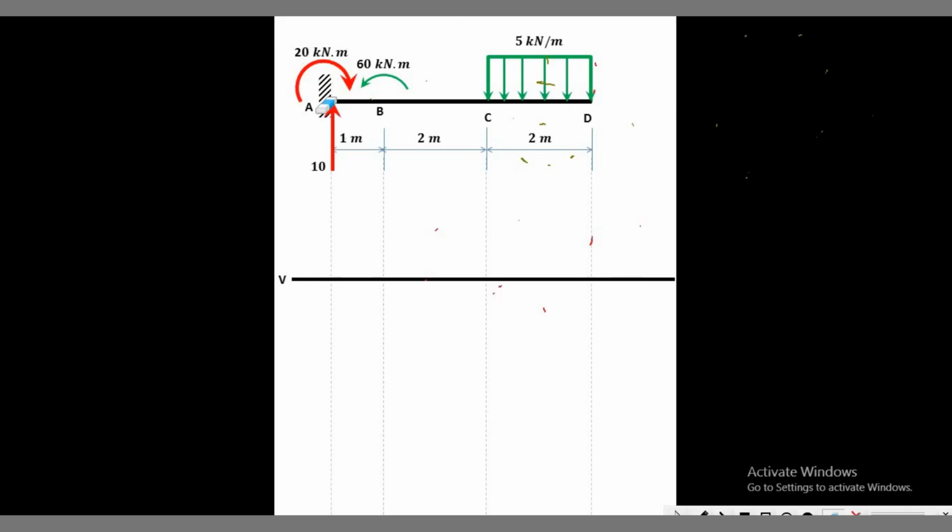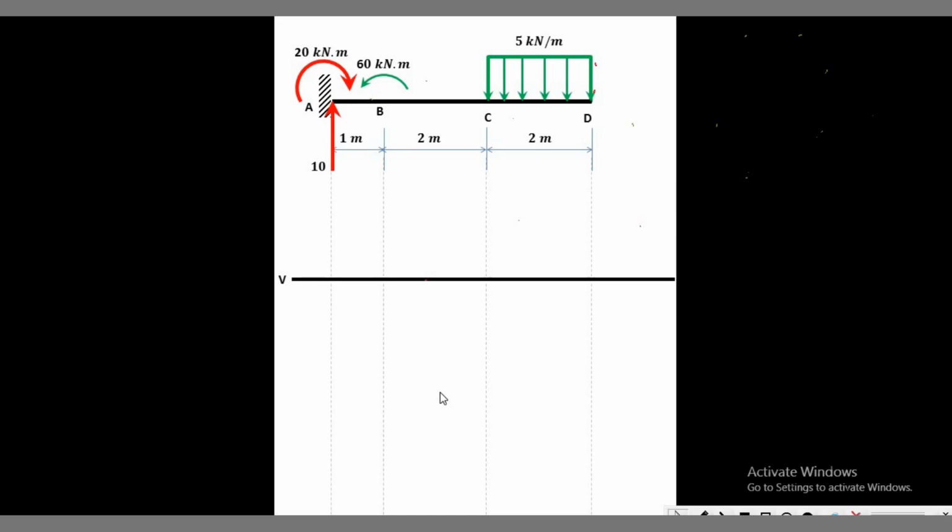The answer is 20 kilonewton meter clockwise. 20 kilonewton meter value of the moment at A. But is that counterclockwise or clockwise?